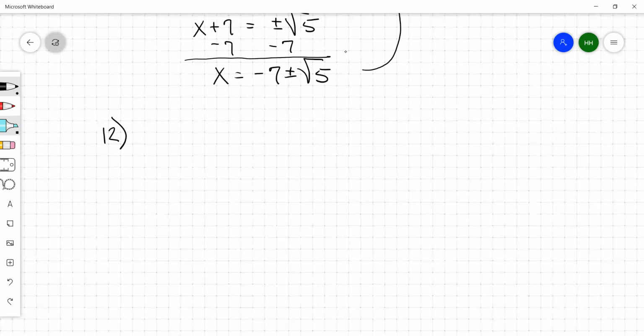All right, number 12. We got negative 3x squared minus 7x equals negative 1. This is going to be ugly, but we're going to divide everything by negative 3.